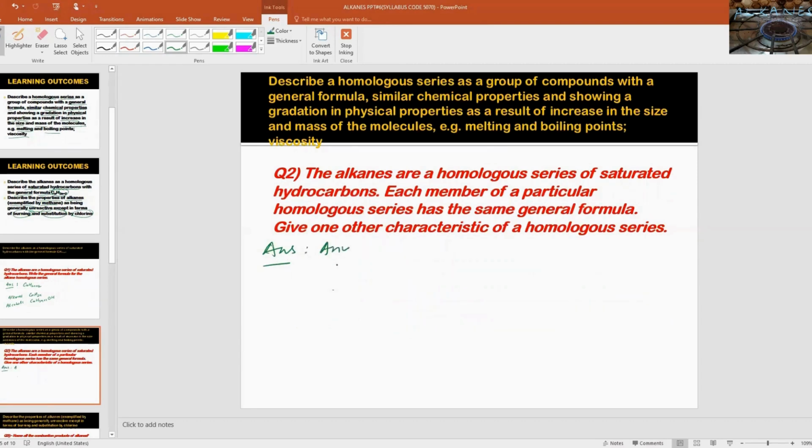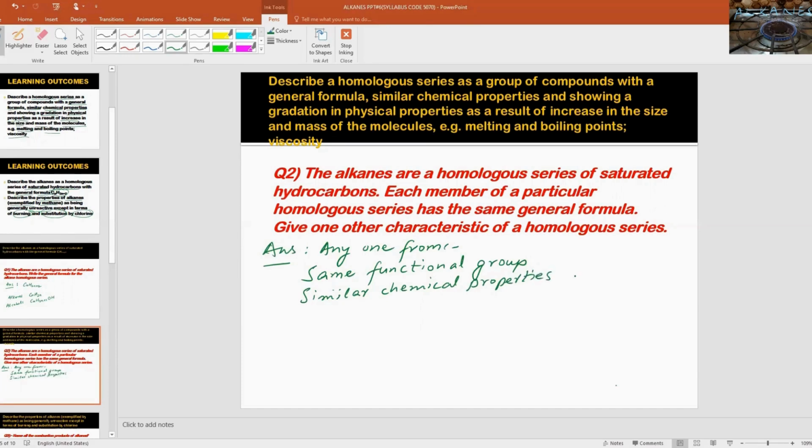Any one from: same functional group, similar chemical properties, you can even write react similarly.